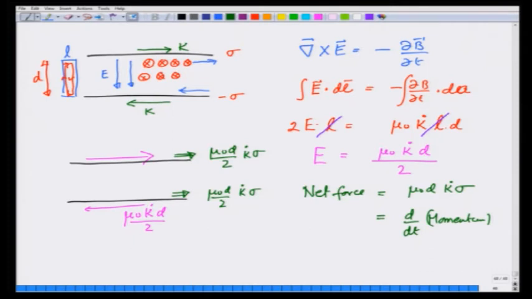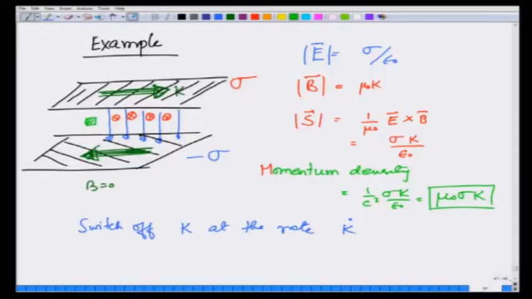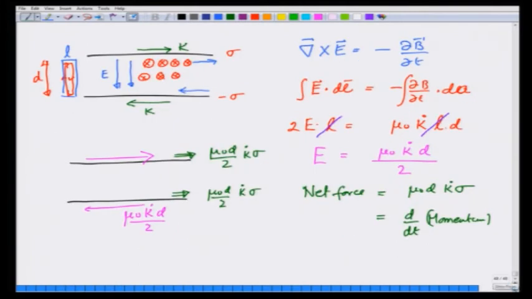I am going to show that momentum comes from the electromagnetic field, which is reducing, and that goes into this mechanical momentum. We saw in the previous slide that the momentum density was mu 0 sigma k. So, momentum density is mu 0 sigma k.